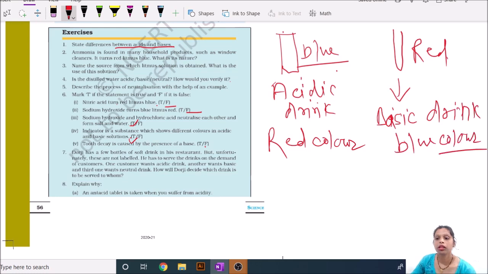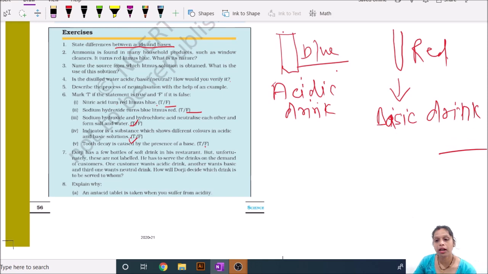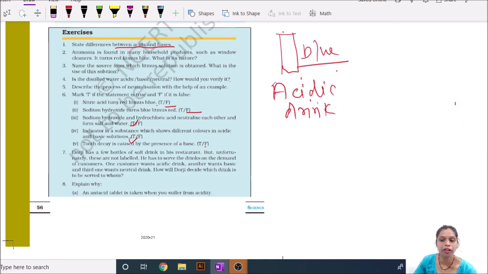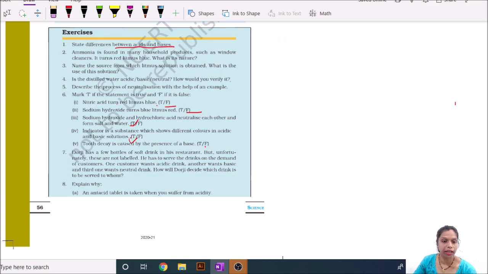Whenever you take blue and red litmus paper and simultaneously put them into distilled water, they remain unchanged. Then we use our experience according to that and serve different types of drink to different persons.